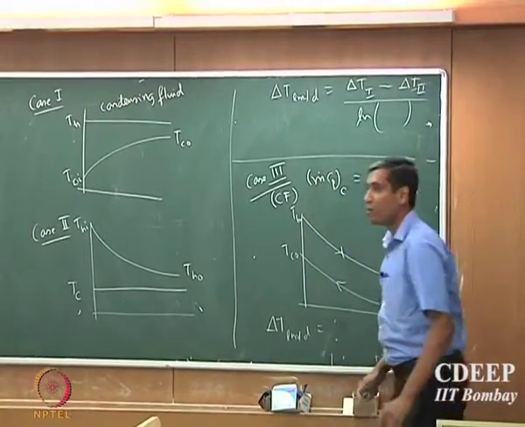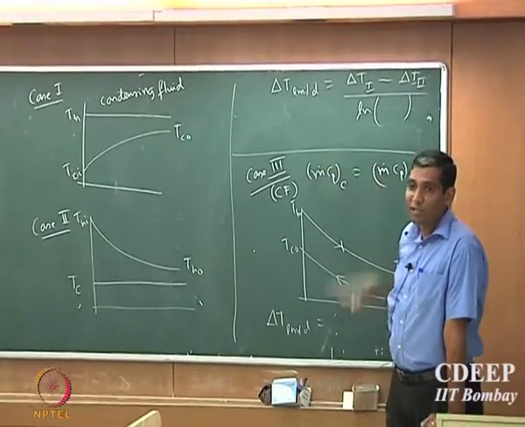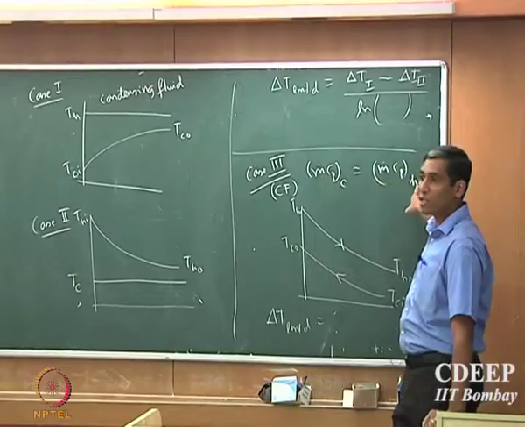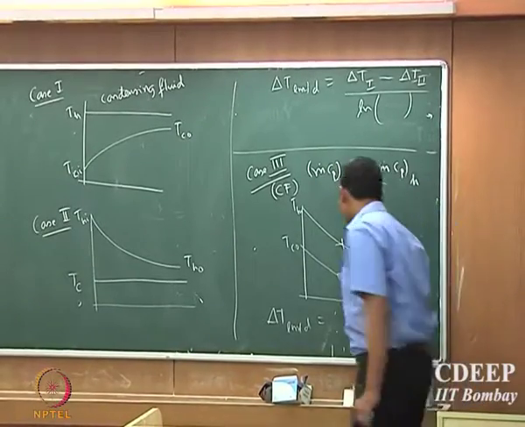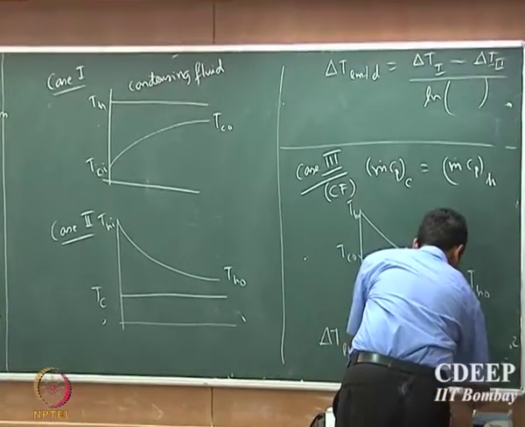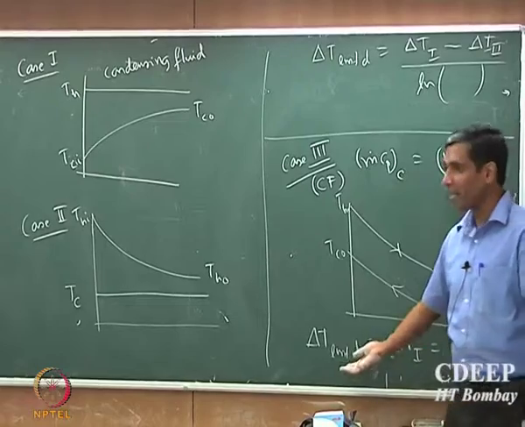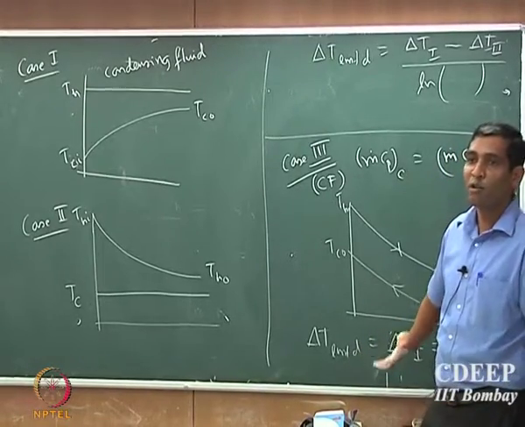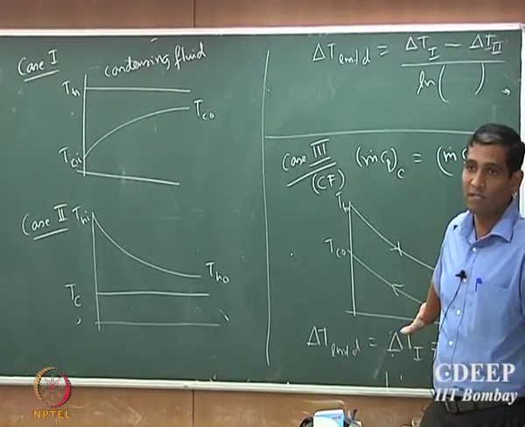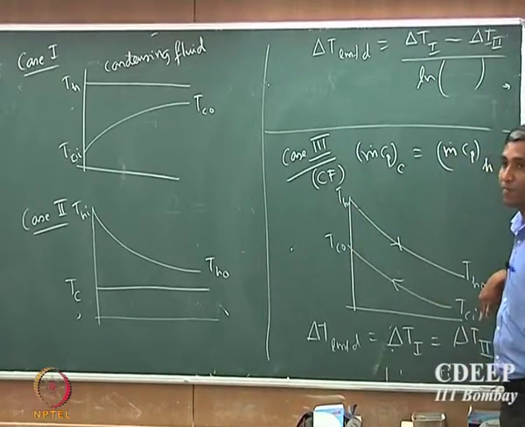If you actually do the derivation of the delta T LMTD rigorously by assuming that these two are constant, you will find that delta T LMTD is equal to the actual delta T. Basically, you don't require a log mean temperature difference to characterize this problem. So the temperature difference that you should use is either of these two.